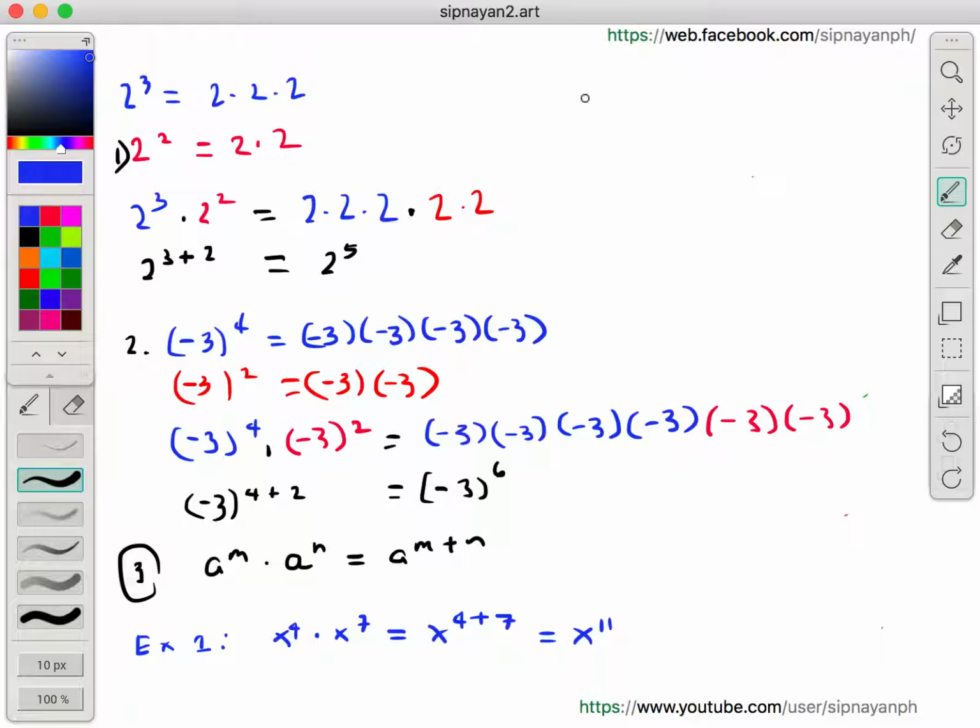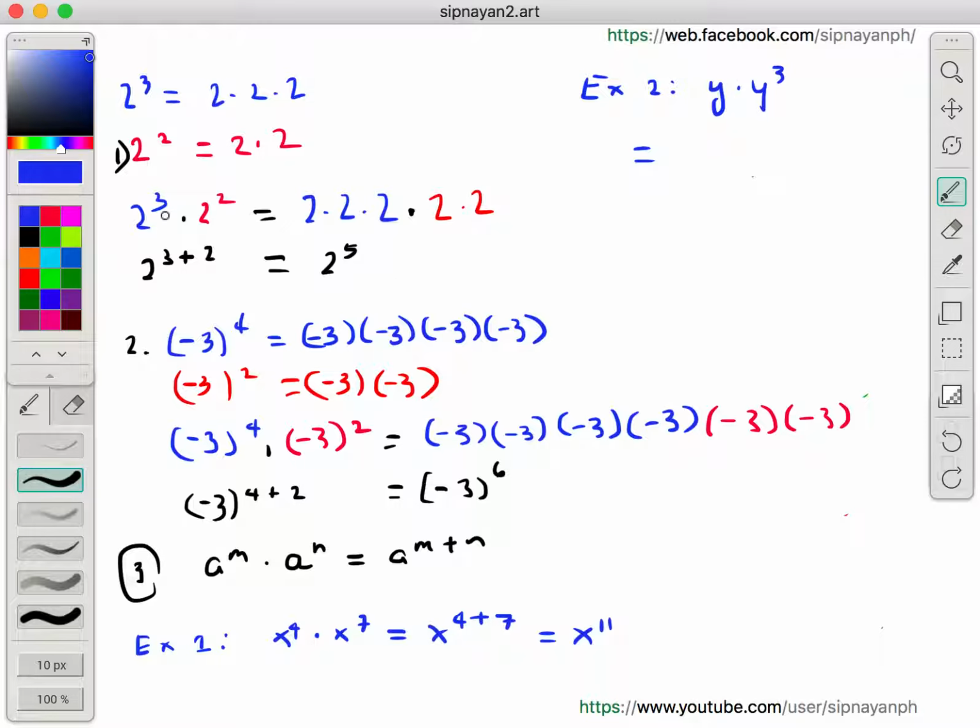Next, what about y times y cubed? Okay. So, ano mangyayari dito? 3 pa rin ba? Kasi walang number dito, di ba? So, is this 0? Is this 1?